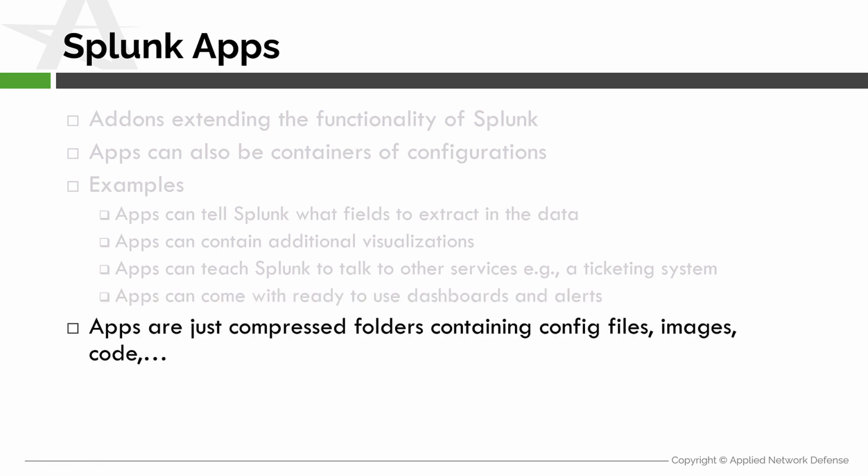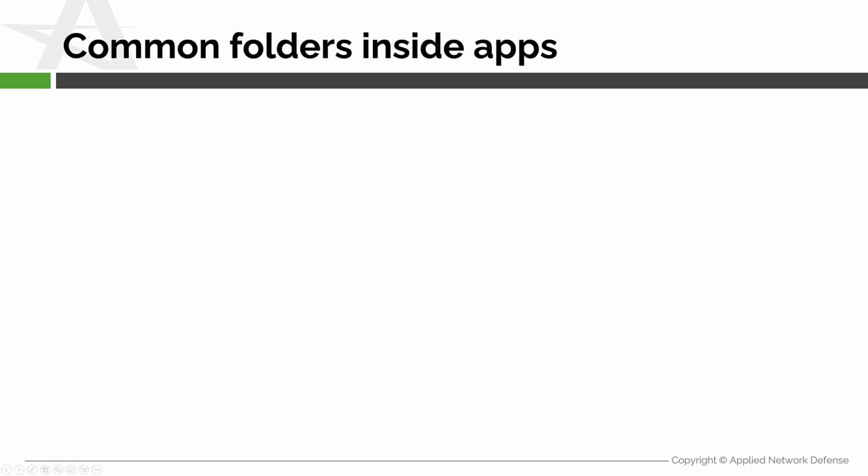And if you have a closer look, you will realize that apps are just compressed folders, and these folders contain config files, images, code, and the like. If you remember when we talked about Splunk configuration files, there are certain file names we have to use so Splunk realizes what we want to achieve, like inputs.conf, web.conf, and the like. It is kind of the same with the folders inside of apps.